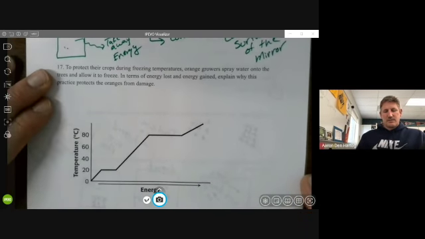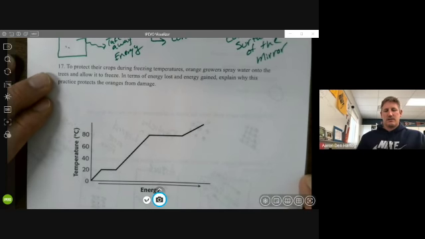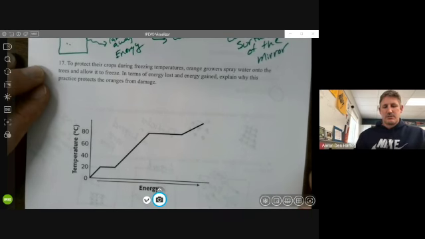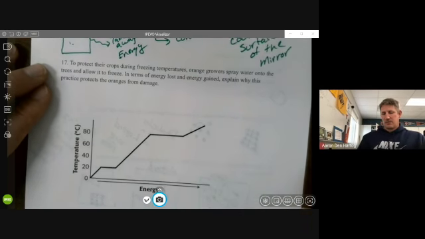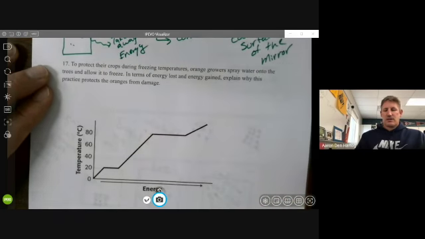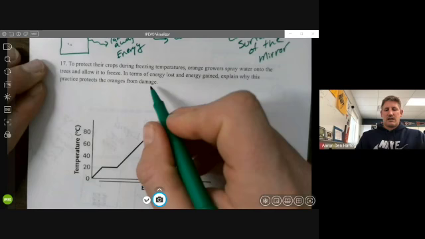All right, number 17. To protect their crops during freezing temperatures, orange growers spray water onto the trees and allow it to freeze. In terms of energy loss and energy gain, explain why this practice protects the oranges from the damage. Okay, why do you think that? This is an interesting question. Why would I want to freeze it? Because remember when we talked about water?